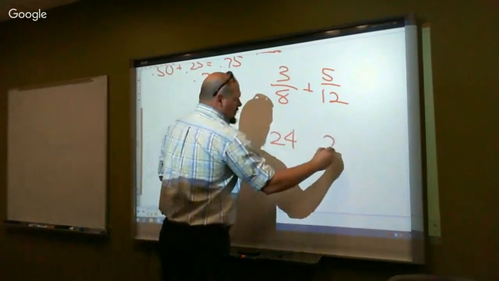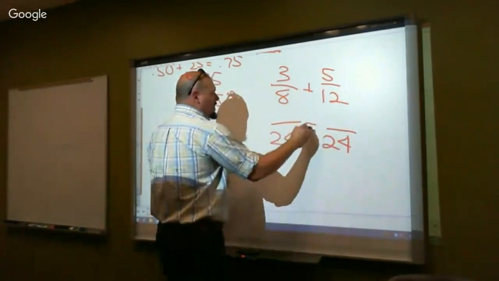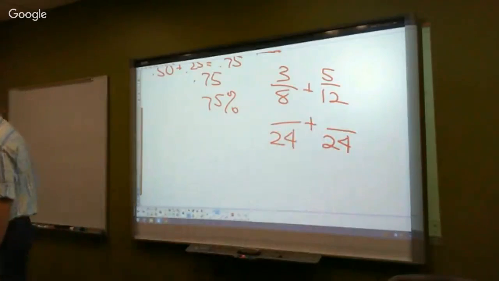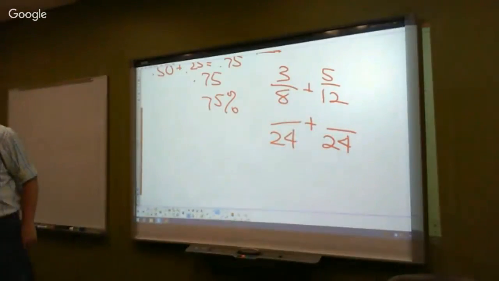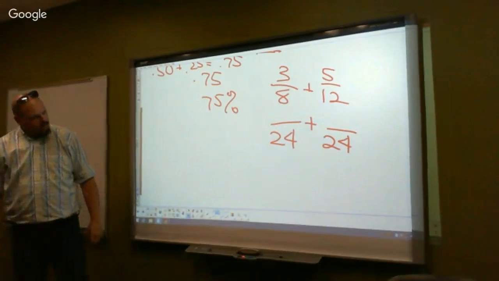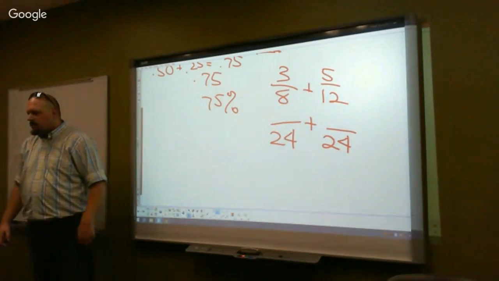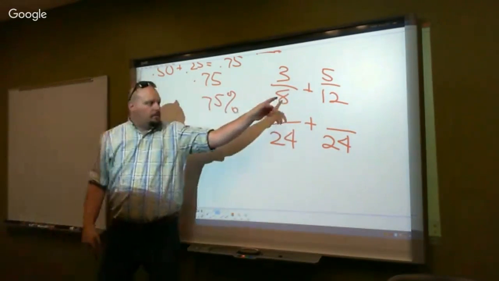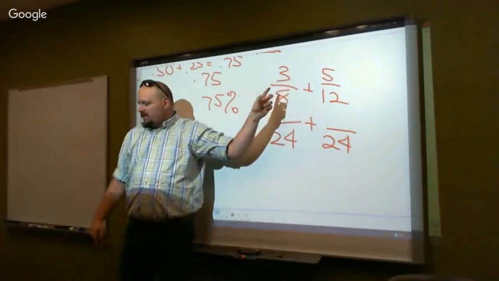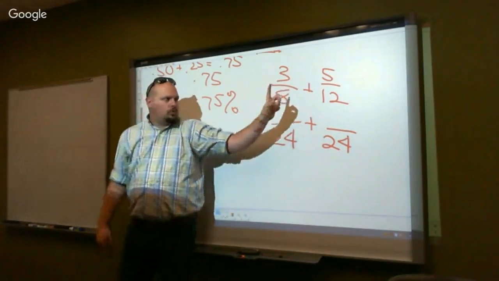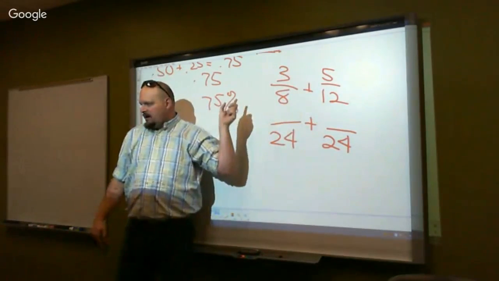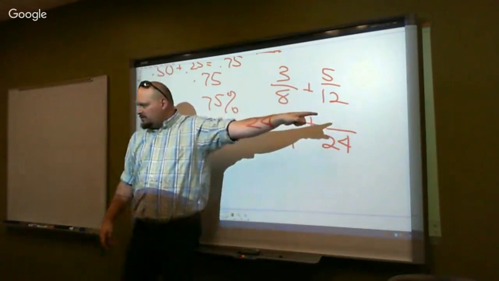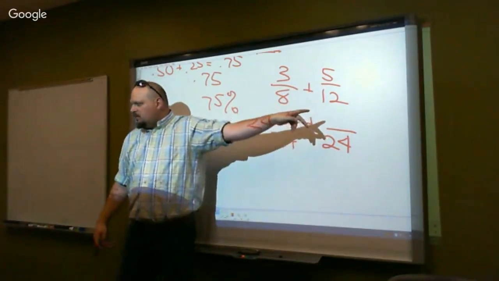So why is 24 our lowest common denominator, Pollux, and not 8? It is because 3 times 8 equals 24. It's a number that both of these two fractions will fit into evenly. So 12 is not a factor of 8, and 8 is not a factor of 12. What does factor mean again?